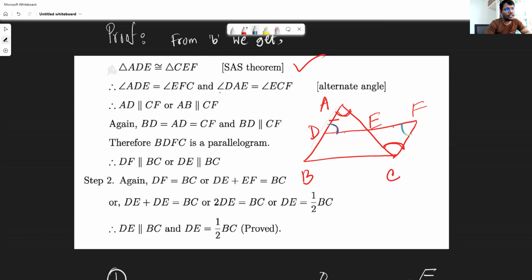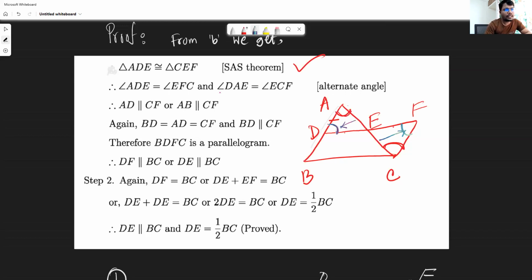Because the opposite side of one is AE and the opposite side of the other is CE. They are the same, so definitely their opposite angles will also be the same because these two triangles are congruent.